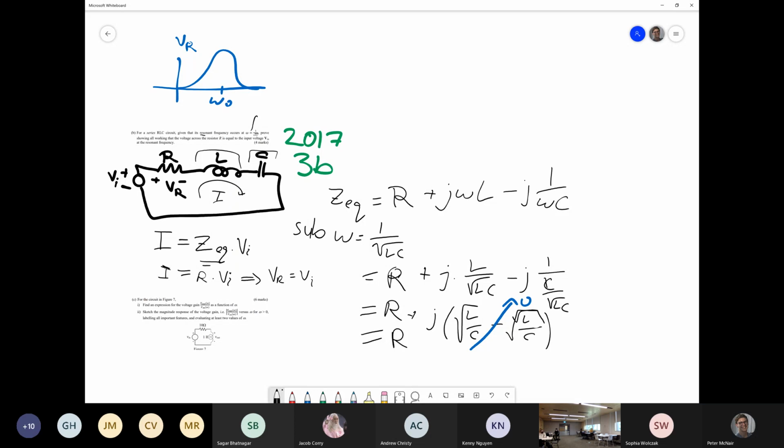Because this is I times, I beg your pardon. This is wrong. The very first thing I wrote was wrong. That's a good start. V in is equal to Z equivalent times I. There we go.